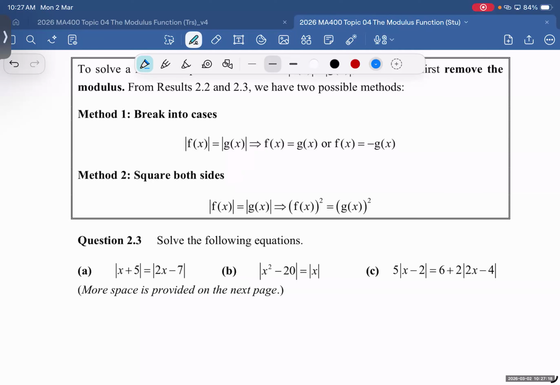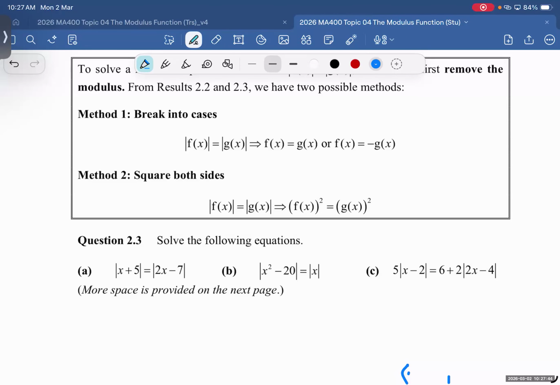When you sub back in, you must sub into the parent equation, here, not this one. You didn't use modulus. You need to sub into modulus x. This is modulus, so it's supposed to be 5, not negative 5.